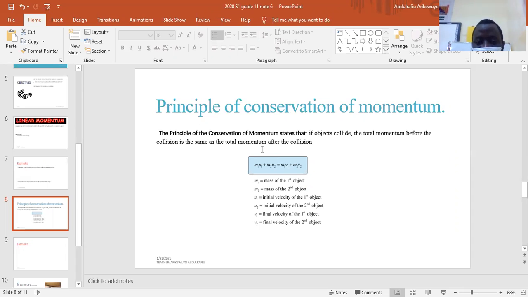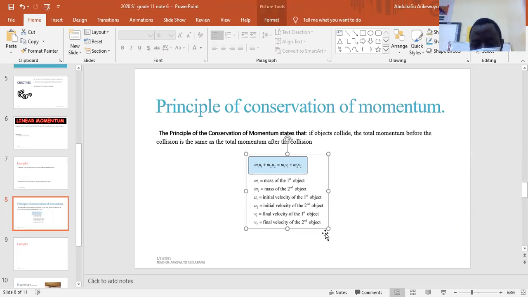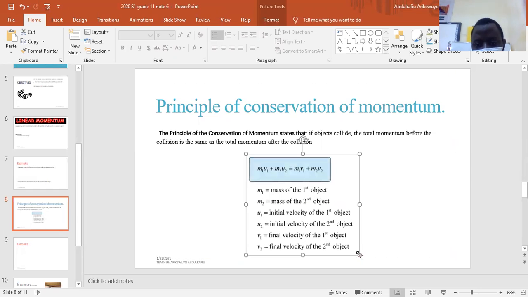As you can see from the expression here, M1, U1. U is the initial velocity, then V is the final velocity. When you use this expression, it is called the principle of conservation of linear momentum.